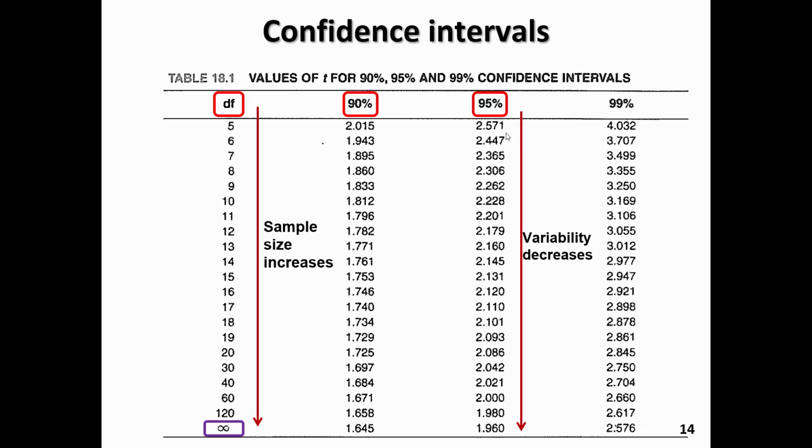The confidence limit gets narrower and narrower. And so these values, the 95% confidence limit, start to decrease until we get to the infinitely large sample size, which is the size of the population.